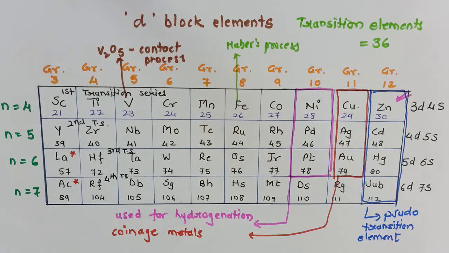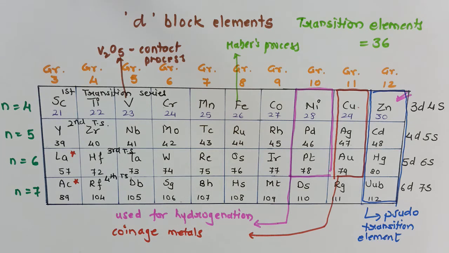Why? Because they do not show incompletely filled d orbital either in their ground state or in their excited state, and therefore these 4 are not considered as transition elements.